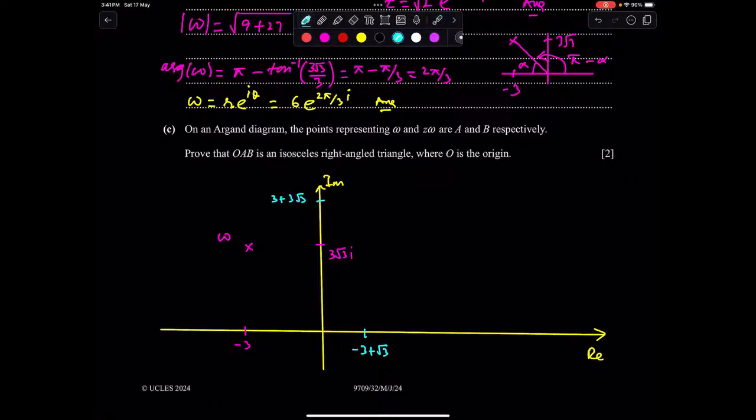It's a rough sketch. So this is z omega and this is omega. So that's the triangle OAB. A is omega, this is A, and B is z omega, this is B.